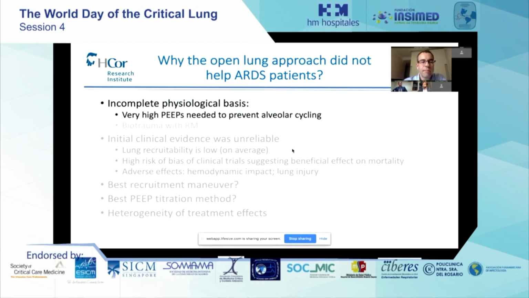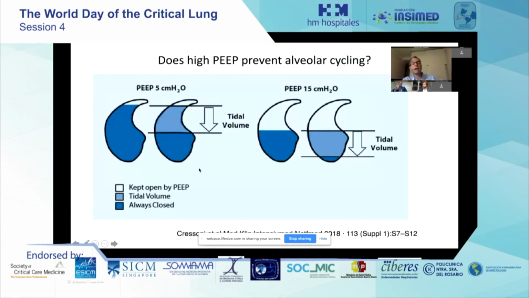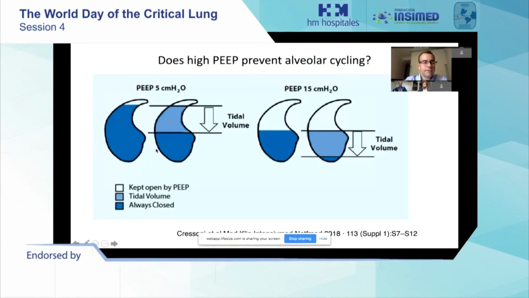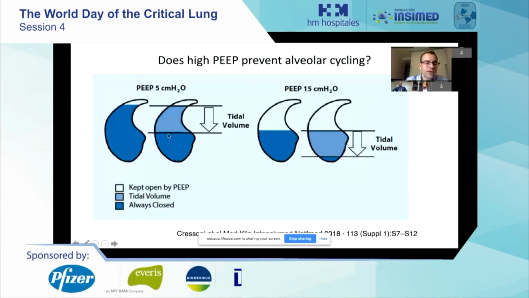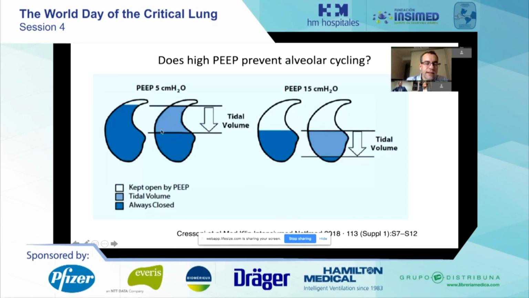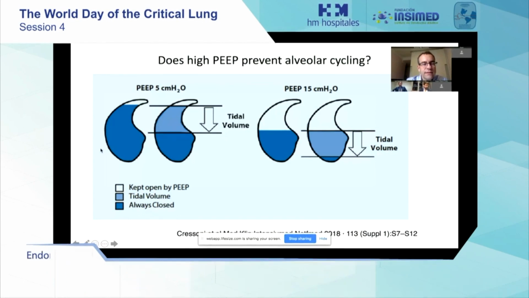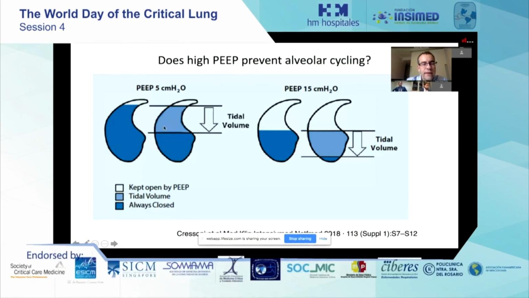One is that very high PEEPs are needed to prevent alveolar cycling. One possible consideration here is the proportion of the lung which is submitted to cyclic opening and closing, represented here in light blue.